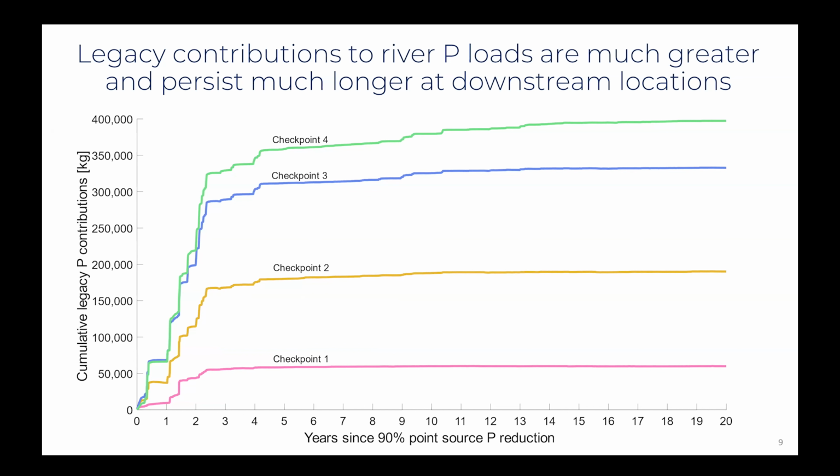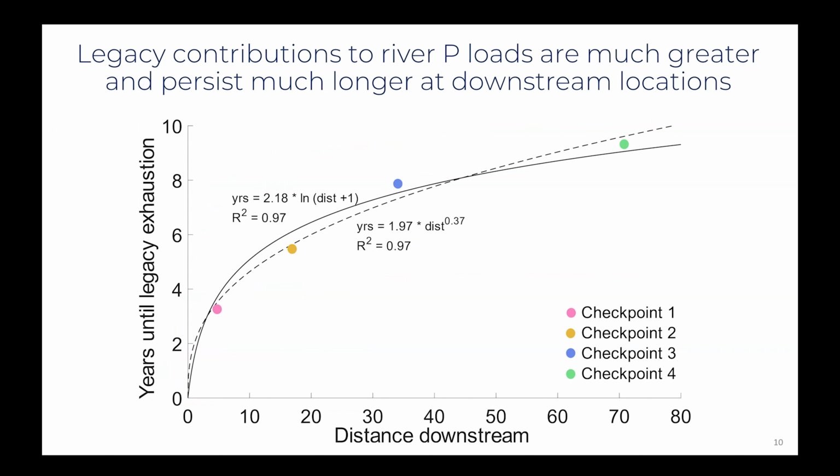And then in contrast, for the final, most downstream checkpoint, although most legacy contributions do occur during the first 3 years, there's still meaningful large contributions for about 9 years. So to emphasize this spatial aspect that we're interested in, this is a plot of the years until in-stream legacy phosphorus is, quote, exhausted versus the distance downstream from the remediated point source.